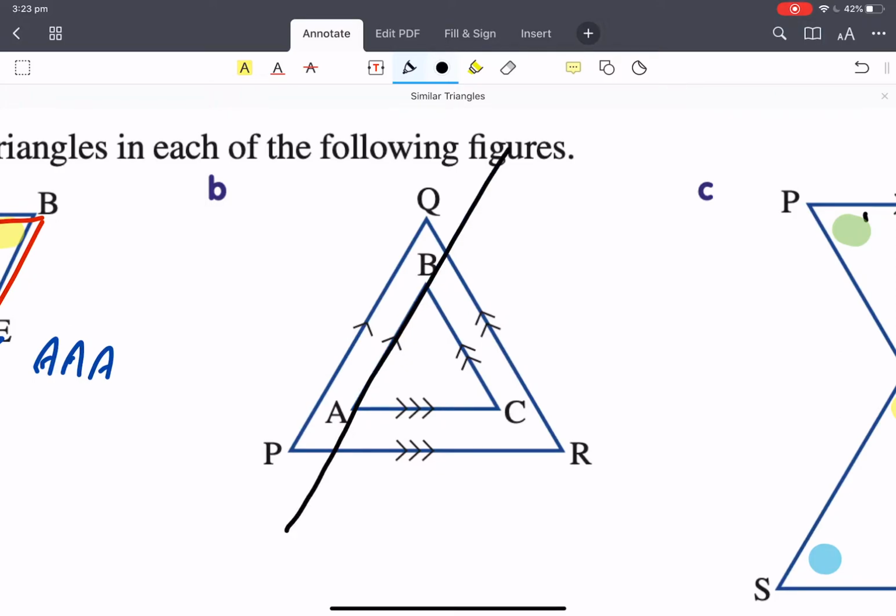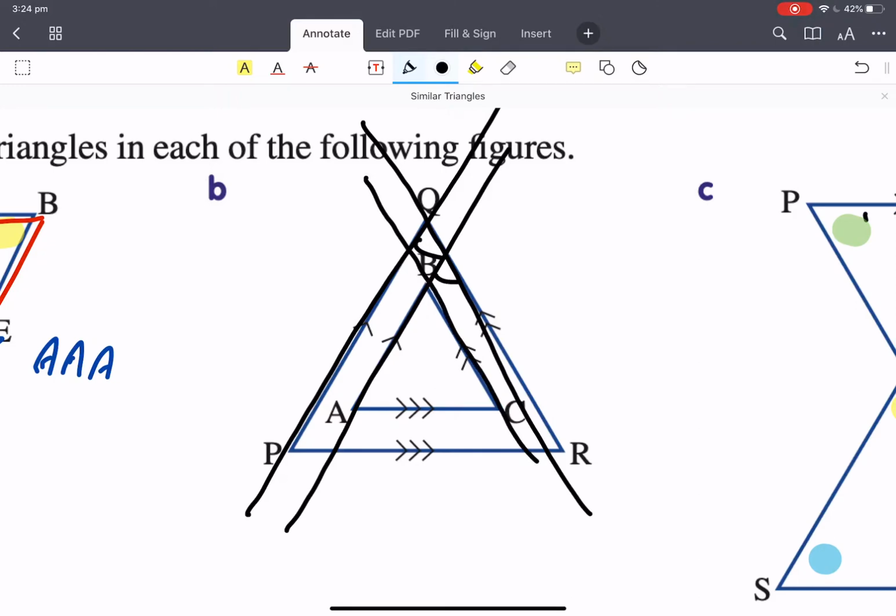Can you see that they're parallel? And that's across. So that angle and that angle, I've got 2. That angle and that angle are the same. So we've got the same angles.